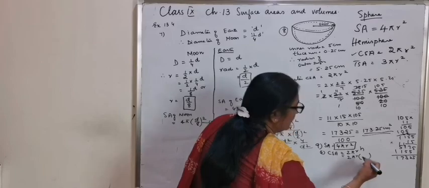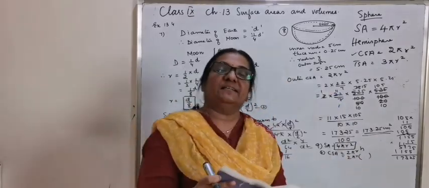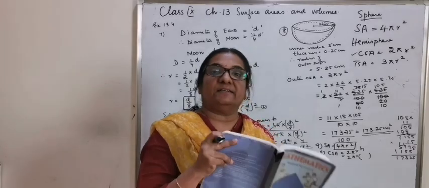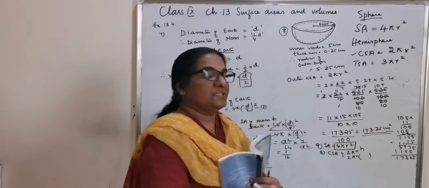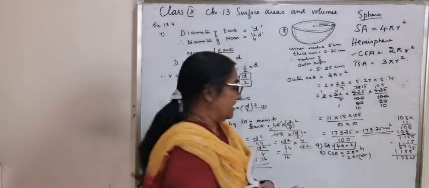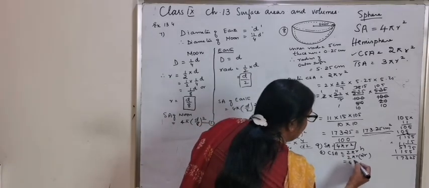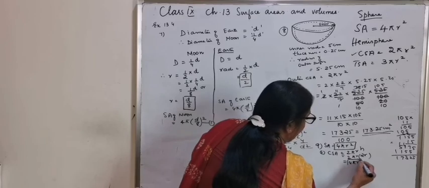2 pi r. See the height of the cylinder. In the picture, it is very clear that the height is the same as the diameter of the sphere. Diameter of the sphere is 2r, so 2 pi r into 2r is 4 pi r square.